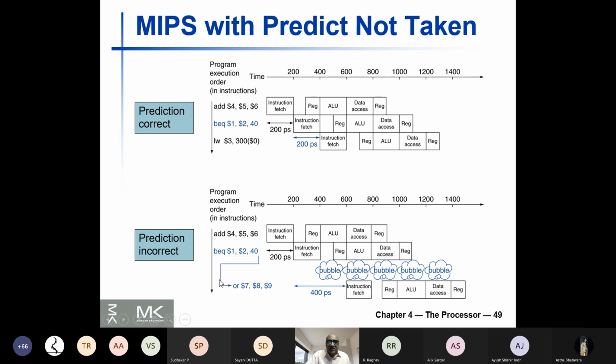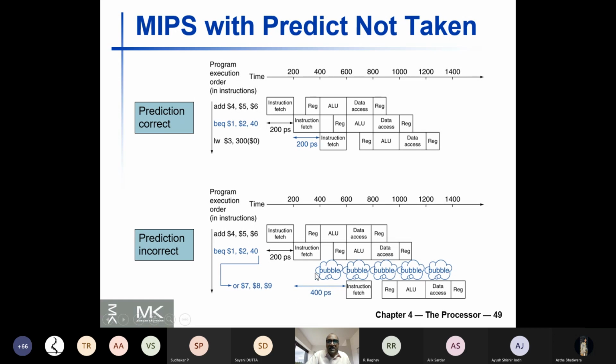But if the prediction is incorrect, you are executing a branch instruction but wrongly entering the load instruction, because it is the next instruction and you assumed the branch is not taken. But in the second stage, you come to know that the branch is taken. Therefore, the load instruction that was fed has to be stopped and stalled. In its place, the proper instruction at the branch address, here the OR instruction for example, has to be fed.